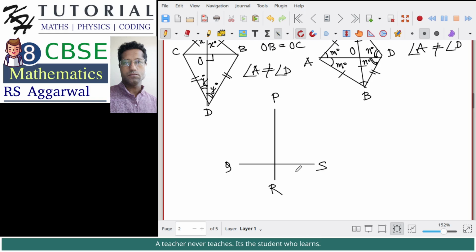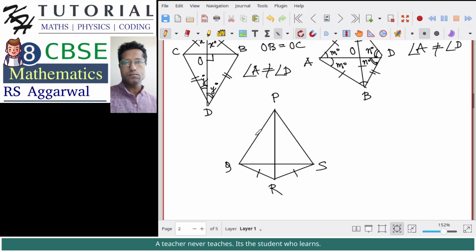So definitely, as you can see, QR and RS are one pair of adjacent sides which are equal, and PQ and PS is another pair of equal adjacent sides.